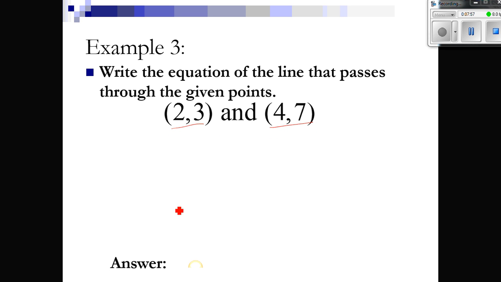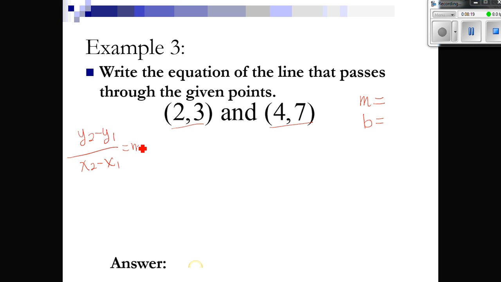Now that I was given two random points, I am still interested in what is my slope and what is my y-intercept. So if I'm given 2 points, do you remember the handy-dandy formula y2 minus y1 over x2 minus x1?